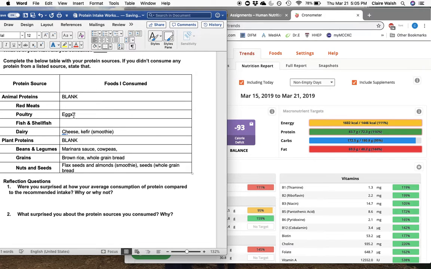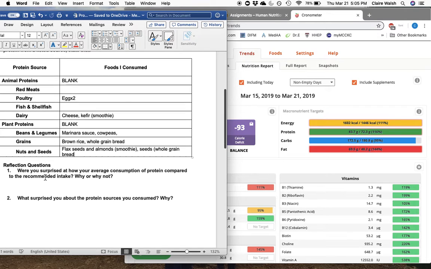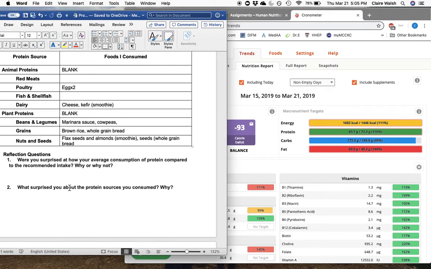Your sources are probably going to look very different from these. I just entered some foods that were easy. This wasn't actually a day of eating for me. But please note the distribution and make sure that you're being specific there.